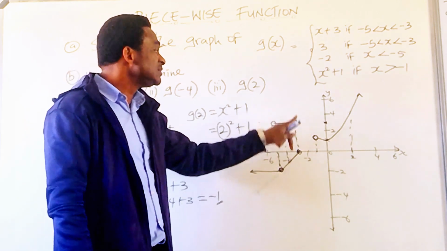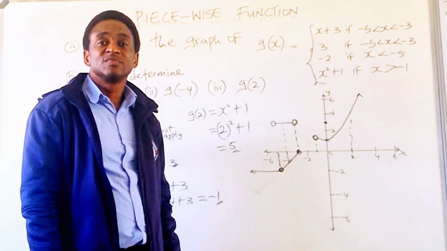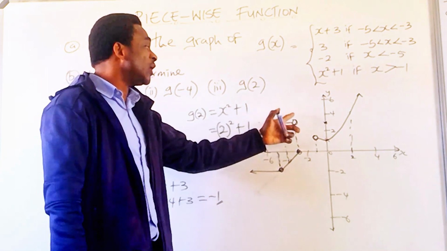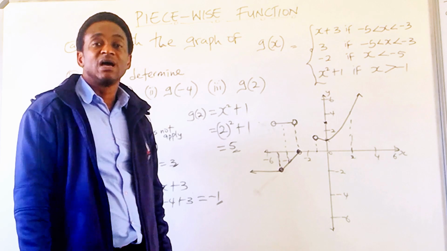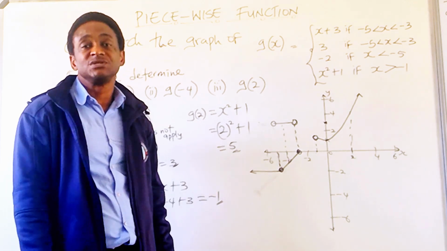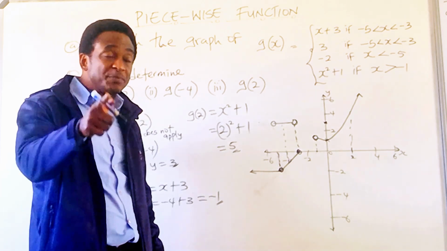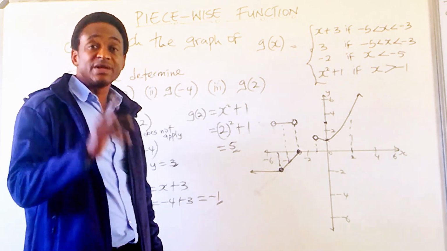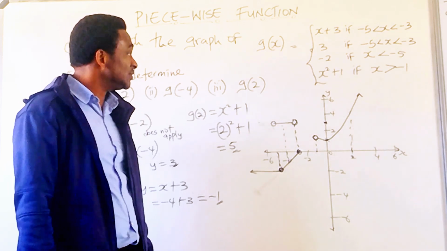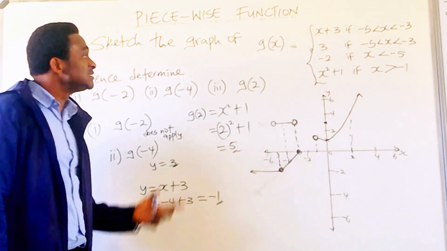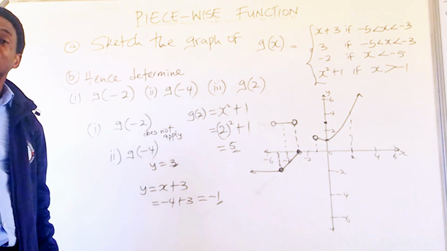When there's nothing linking them, it means we have a jump discontinuity, and that means the limit for that function does not exist. But that is a topic for the next video. If you have any question on this, ask, and we'll give you more clarity.